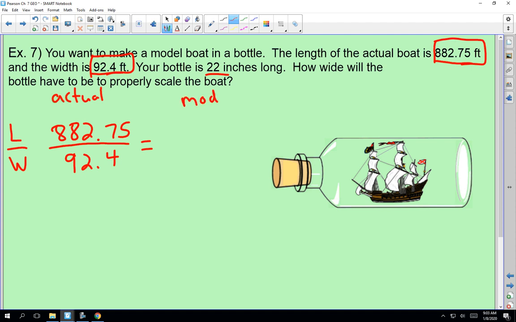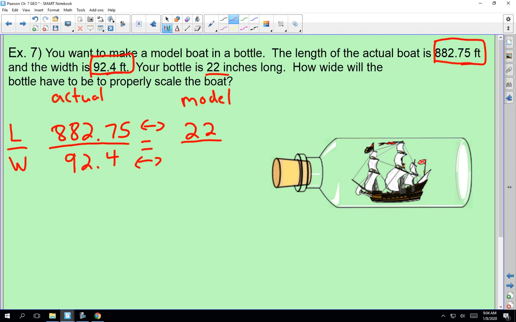But when we set it equal to the model, we need to make sure that straight across here and straight across here, we have the same dimensions. So the 22 inches long, different units, but it's representing the length of the ship, right? So the 22 either has to go on the top or the bottom. It's going to go on the top because it needs to correspond to the length in feet of the actual ship. Does that make sense?